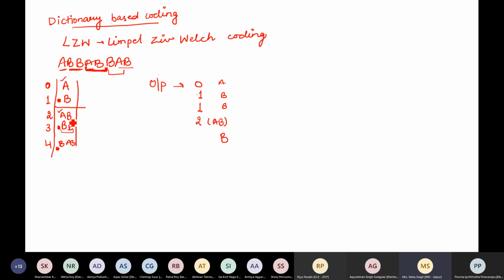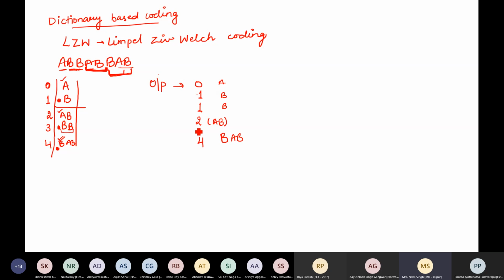Instead I look for BA. But BA does not exist. I can have this code utilized now because this was added in the last step. So I look out for if I can have this code used. So I check for the third symbol also and I'll combine this. So now BAB is found. So I'll simply send out a code for BAB, which is 4.